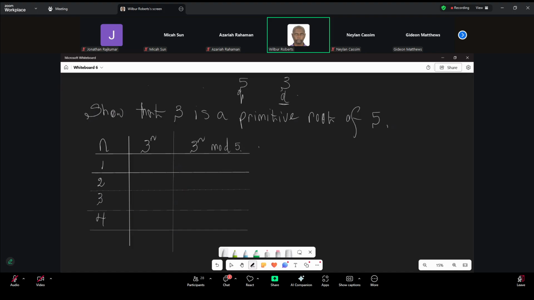I took two numbers, Q equal to 5 and alpha equal to 3. So let us find out.